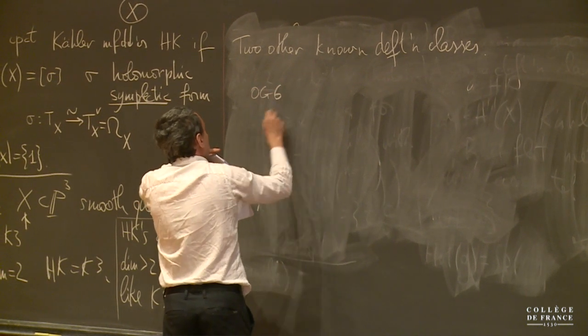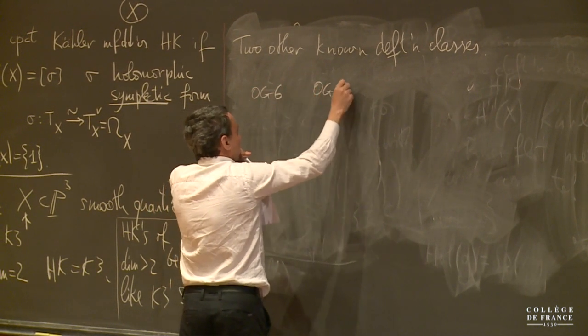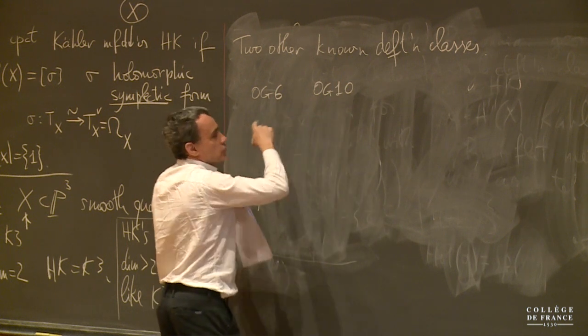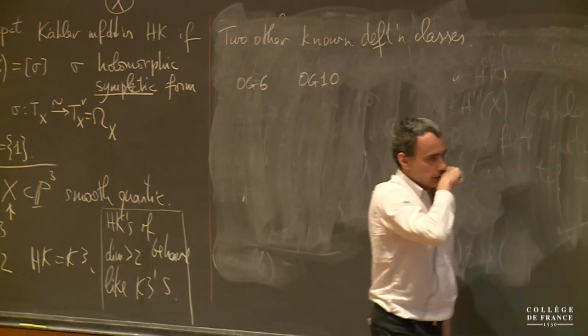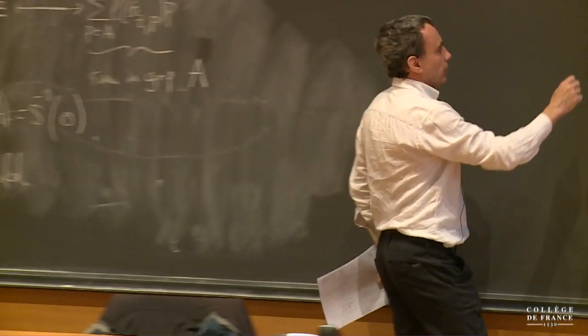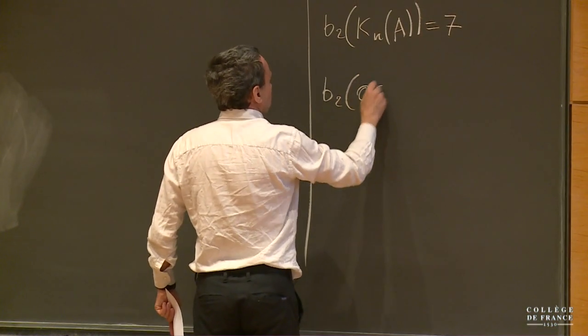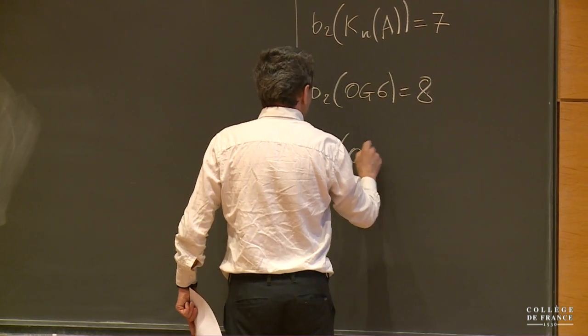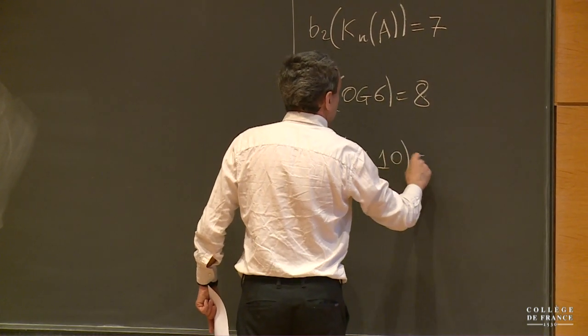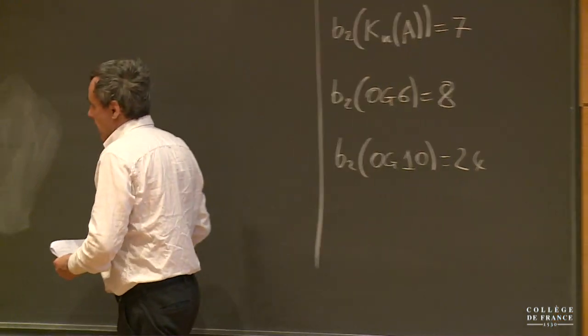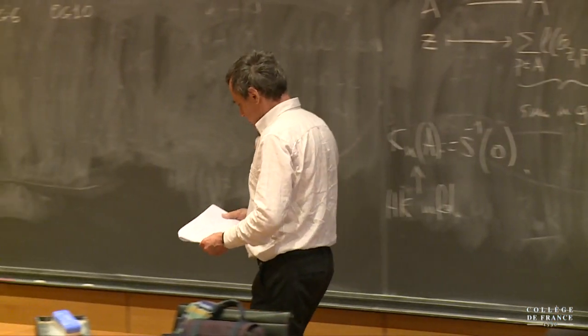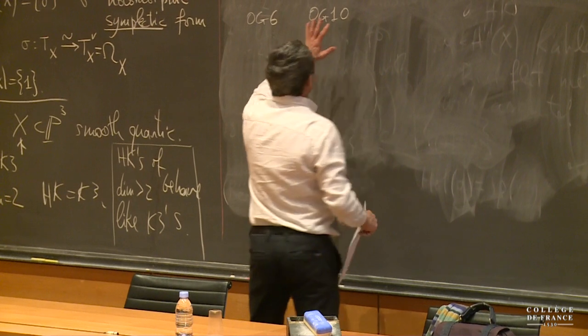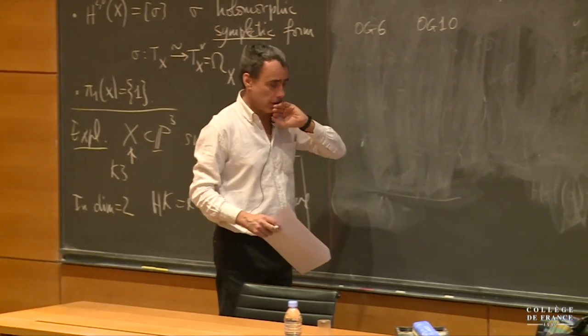This denotes the dimension, and so B2 of G6 is 8, and B2 is 24. And for the moment, I listed all the known deformation classes of Hyper-Kählers.